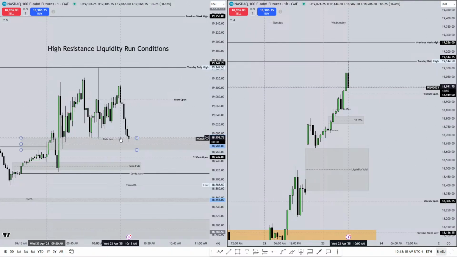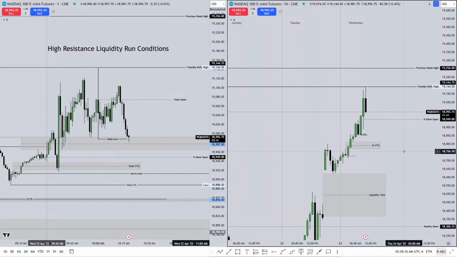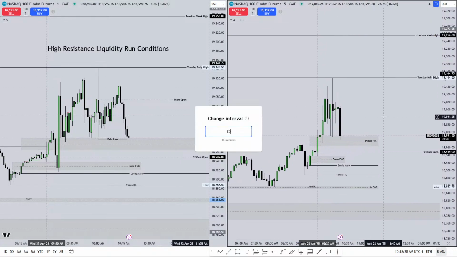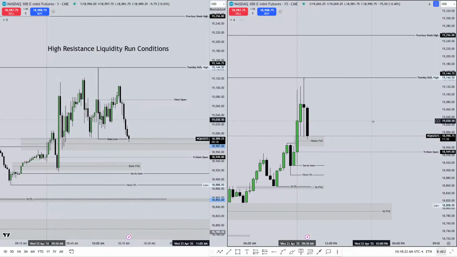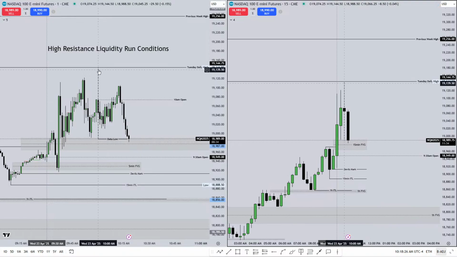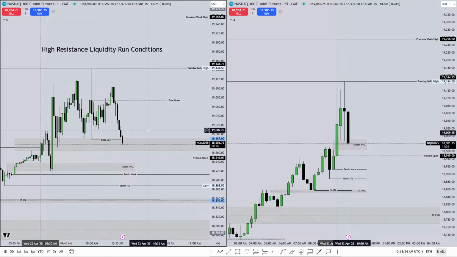Okay, so we just took this data low right here. Equal highs at a daily high with this data high right here.